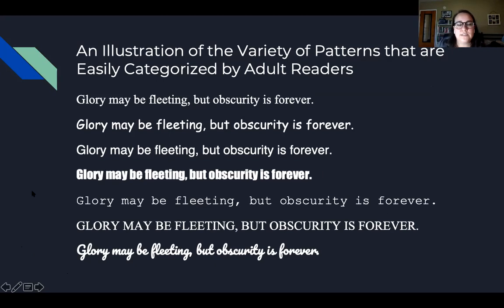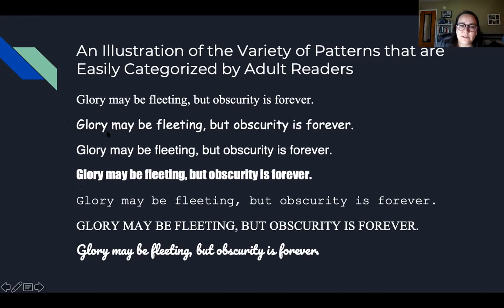And so just as an example of this, here we have the sentence, glory may be fleeting, but obscurity is forever. And notice that it's in different fonts. Sometimes it's even just in all capitals, but we still are able to distinguish the letters because we can see that there are certain characteristics to each letter that make it unique from the others.